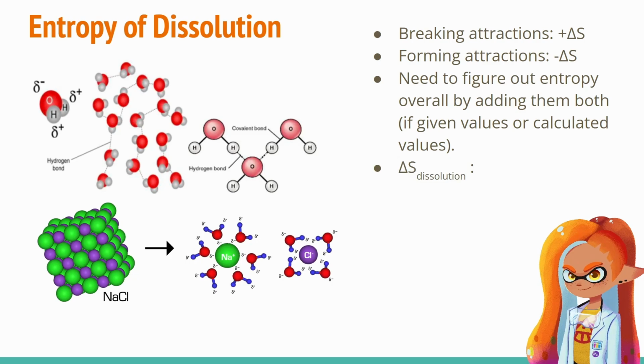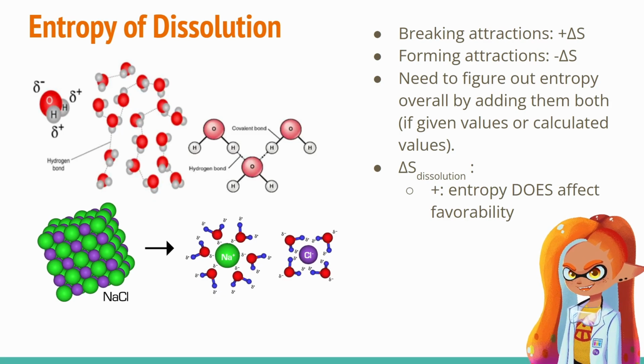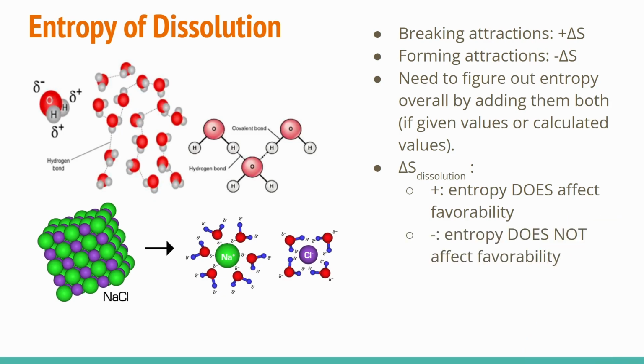And so overall, if the delta S dissolution was positive, then entropy does affect the thermodynamic favorability of the process that is happening here. Versus if it is a negative delta S, the entropy does not affect the favorability of this reaction thermodynamically.